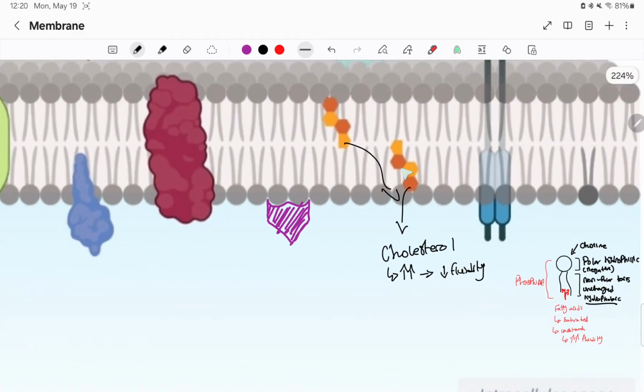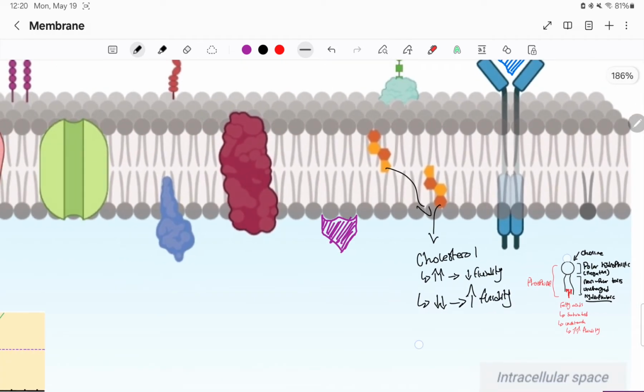It makes it more rigid because it's wedged in between these phospholipids, and if there's a lot of it, you can imagine that they're stopping this flowing movement by getting in the way. However, if there are lower amounts of this cholesterol, you actually increase the membrane's fluidity. Okay, so that's just a note about cholesterol.